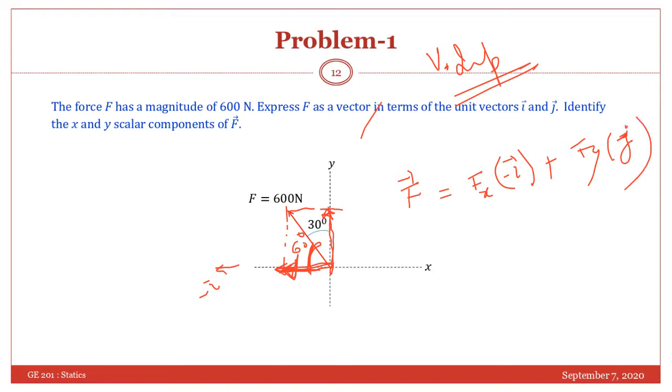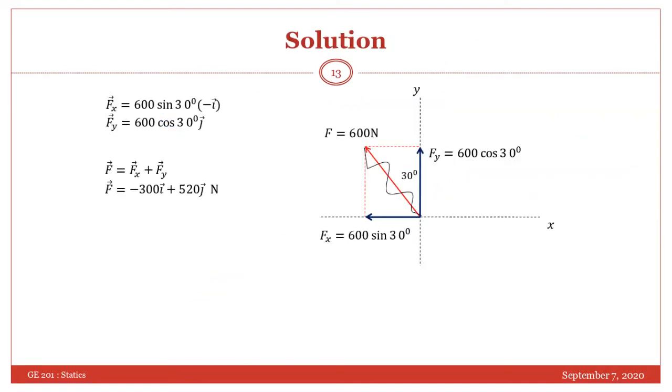So here you see, 600 sine 30 and 600 cosine 30, and the unit vector in this direction is minus i and in this direction plus j. So 600 cosine 30 into j, and 600 sine 30 into minus i. Then add them together and find out the values of 600 sine 30 and 600 cosine 30. You will get this.